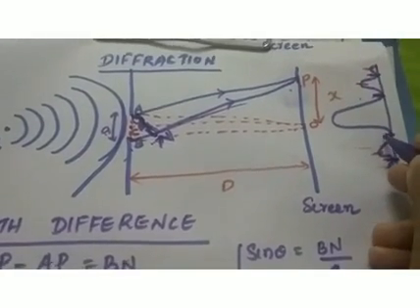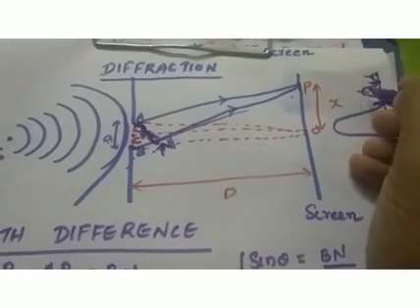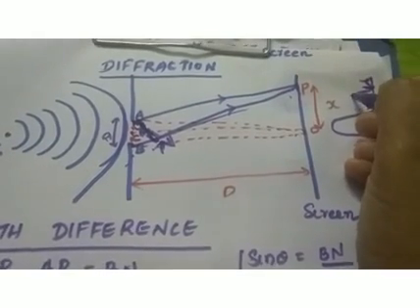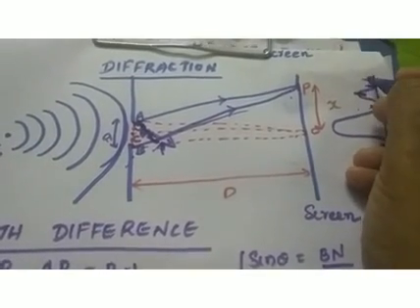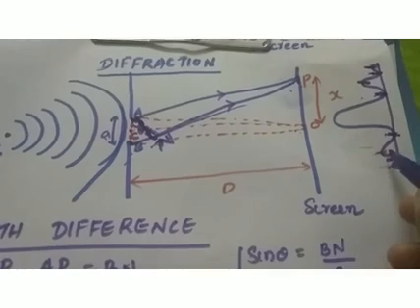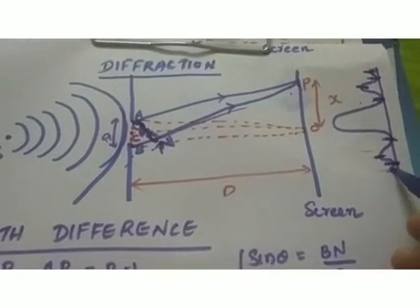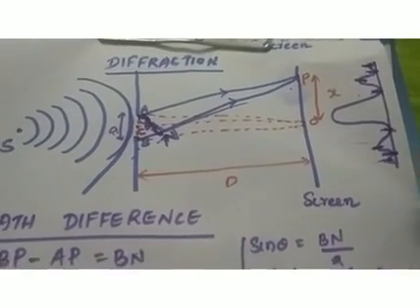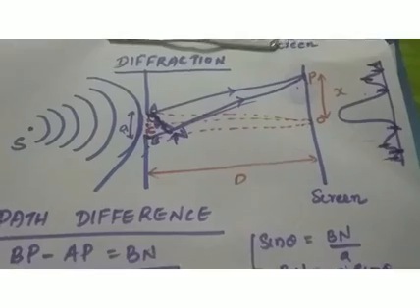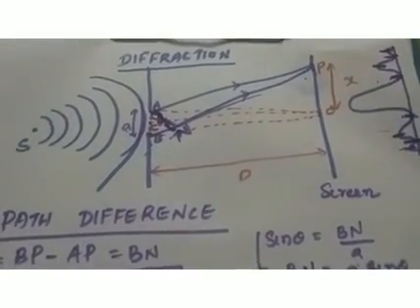Here also this will be the first secondary minima, second secondary minima. Similarly, this is the first secondary maxima. This is the second secondary maxima. This is the first secondary maxima. This is the second secondary maxima. Okay, so this is about the position of the secondary maxima and minima.